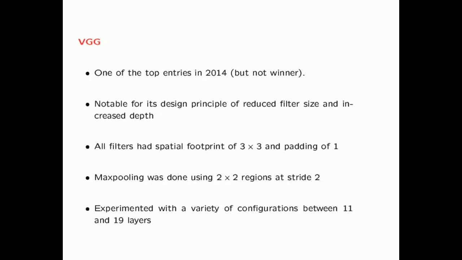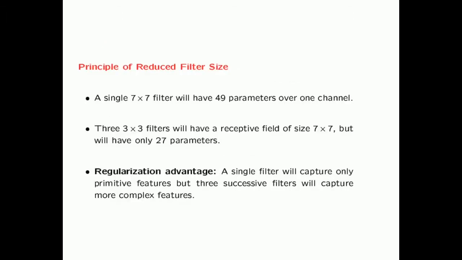When you use 3x3 and a padding of 1, it will maintain the spatial footprint of the input volume. And the MaxPooling was done using 2x2 regions at a stride of 2. So in this case, we are doing non-overlapping pooling. And VGGNet experimented with a variety of configurations between 11 and 19 layers.